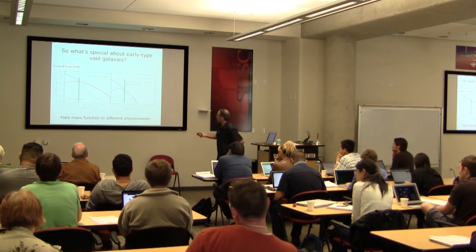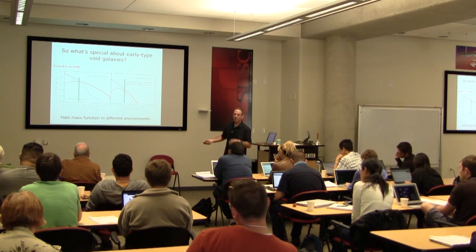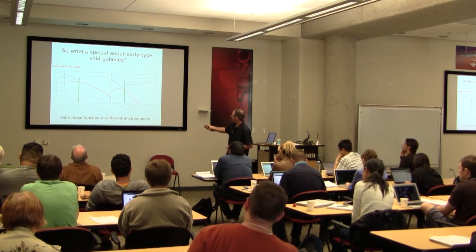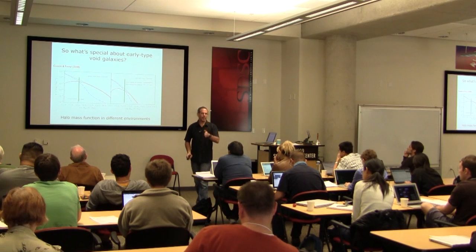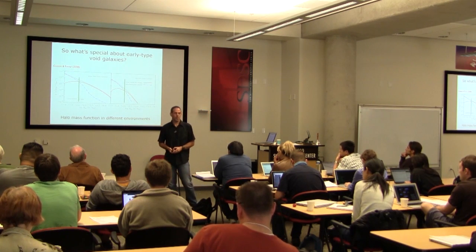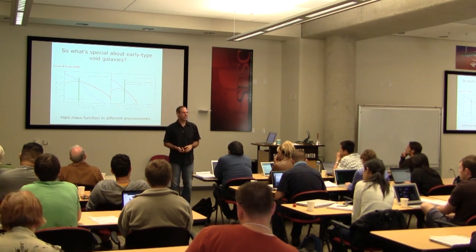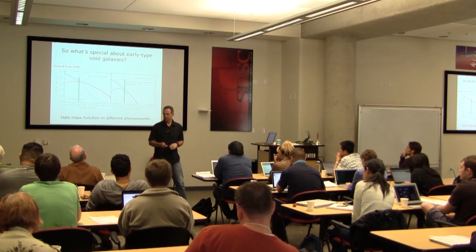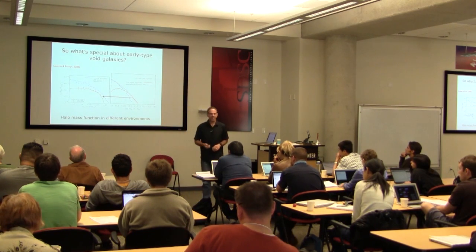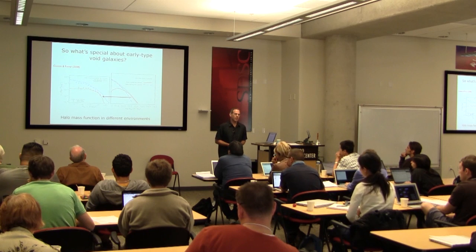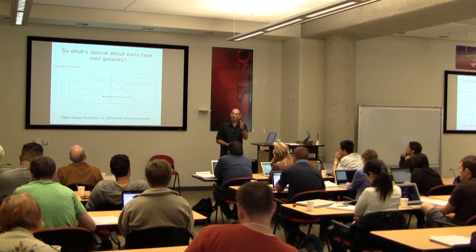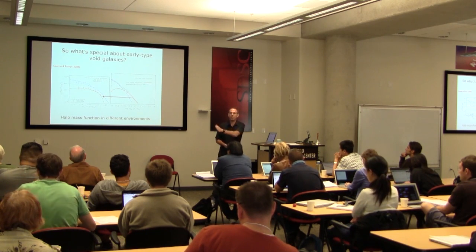But let me highlight something. The red guys dominate in the more massive things in voids, and they're a tail above that critical mass. So where do these red galaxies come from in the 2DF survey? It's the same space density. It's just the tail of the mass function in voids above this critical mass.